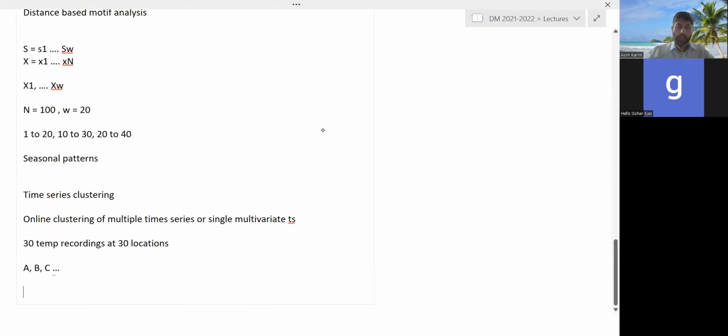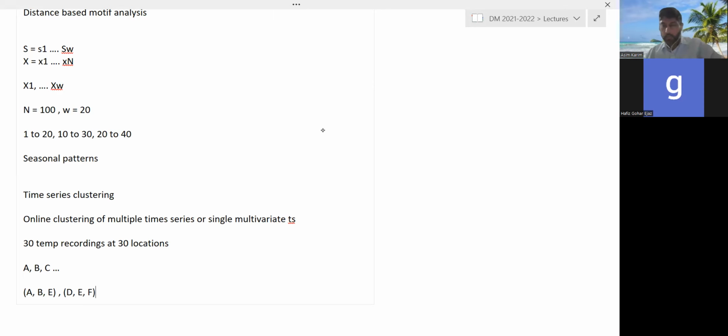So at the end of the clustering, what we would like to find is that A, B, and C are one group, or let's say D, E, and F are another group, based on whether those values are similar to each other or not.